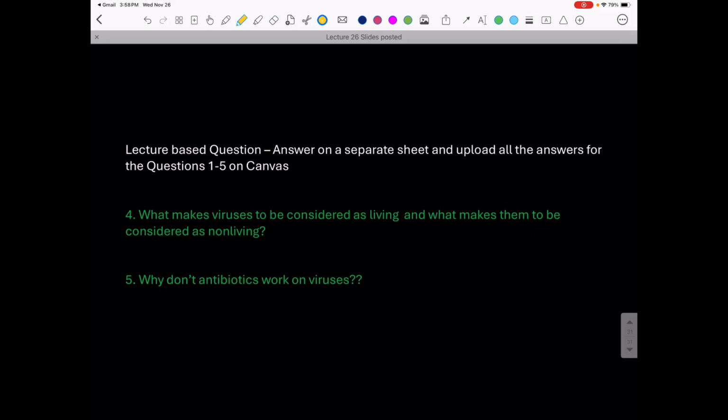I would like to see what you think, and which way you weigh in. The second thing I want you to think about is, why can't we use antibiotics for viruses? We have a lot of antibiotics in the market, but none of them are active against viral infections. I just want you to think about why they're not useful, and write your answer.